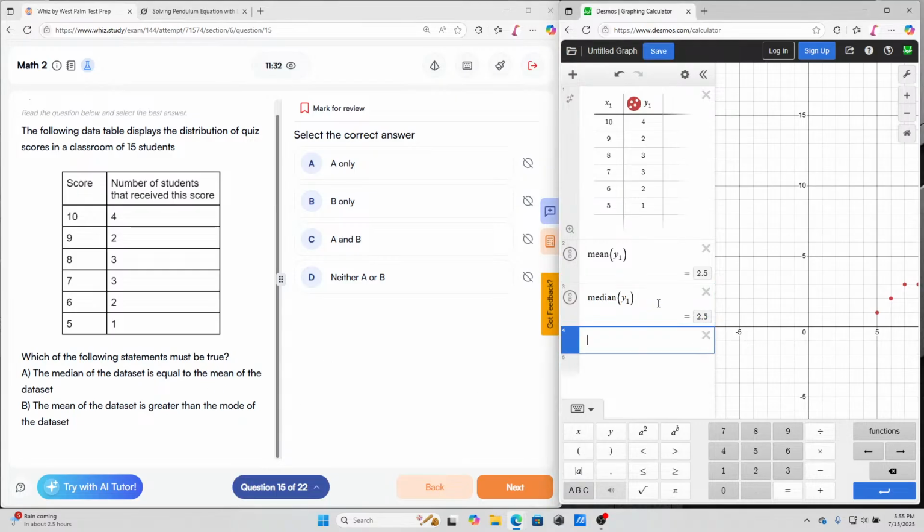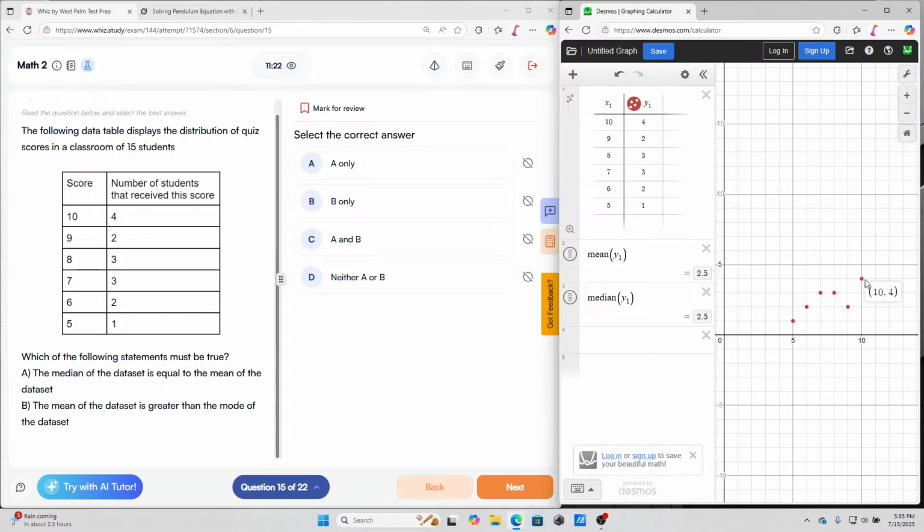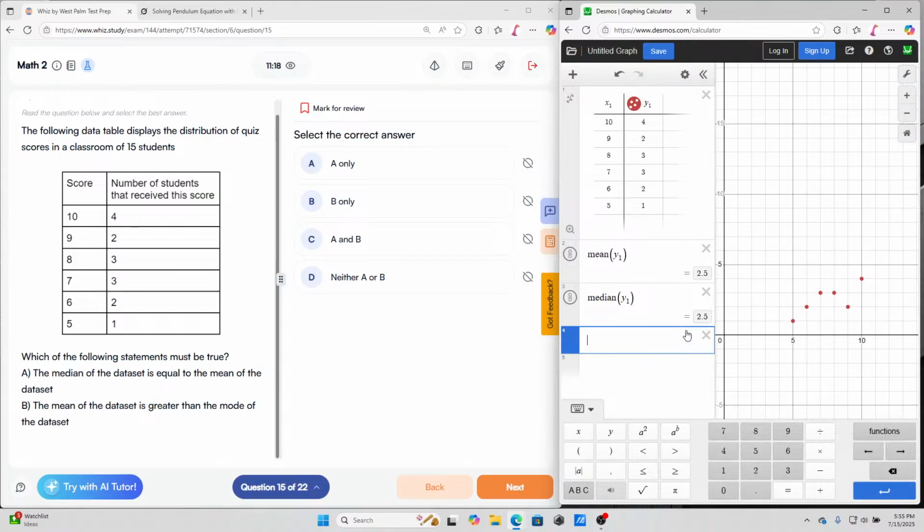Oh, and we need the mode. So the mode would be. I kind of recall how to do this. It's like the greatest value in y1 minus.